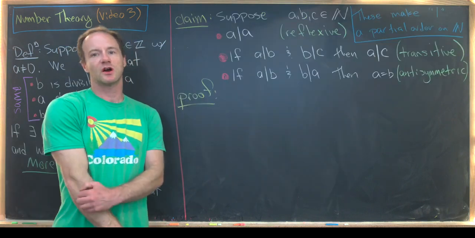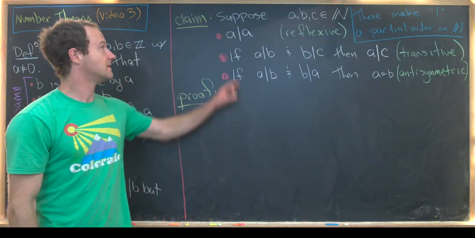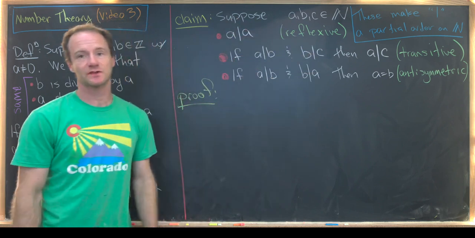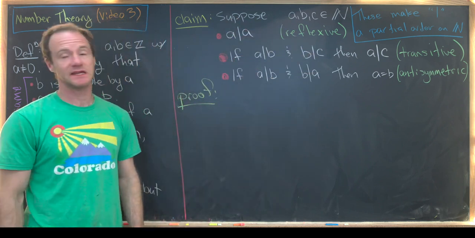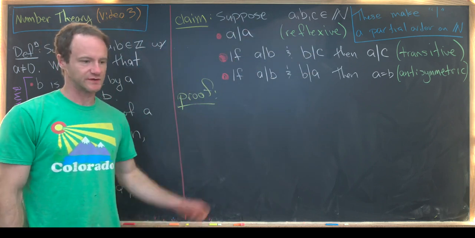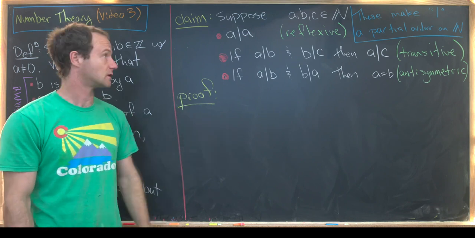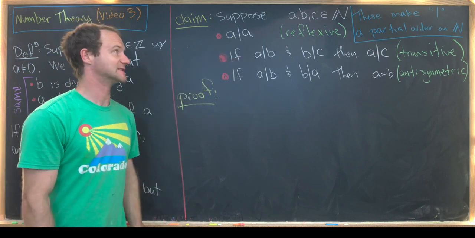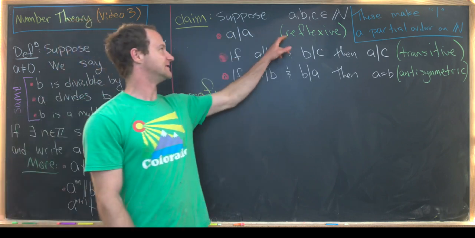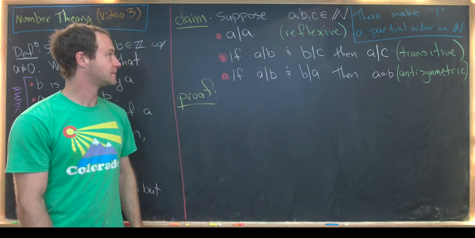Okay, let's maybe get rid of this and we'll prove some basic claims. So let's start off with a pretty simple claim, and that is starting with natural numbers a, b, and c. Those are arbitrarily chosen, although we will put some constraints onto them as we move towards these results. a divides a. So that actually makes divisibility reflexive.